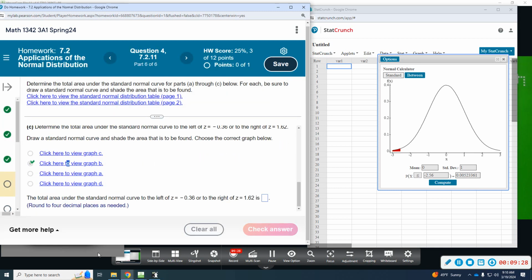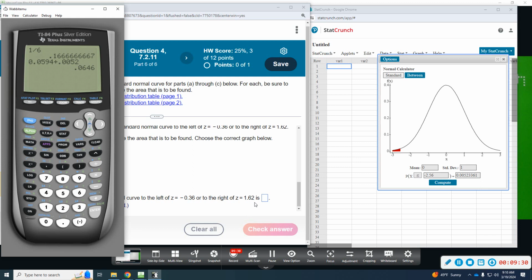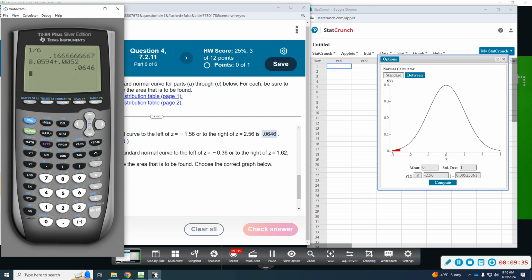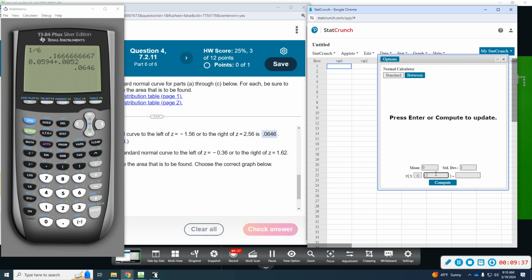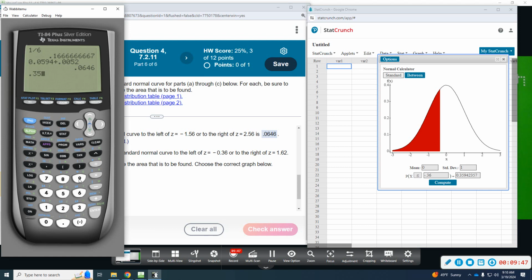And then again, I'm going to find both these numbers and add them up. So since I have StatCrunch here, all I have to do is type in those two numbers. So -0.36 gives me 0.3594. We're going to add to that the area to the right of 1.62.